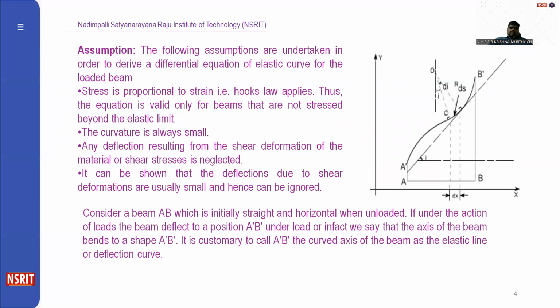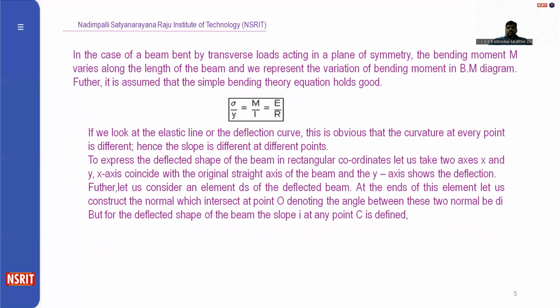Now let us consider a beam which is initially straight like this, when unloaded. Under the action of loads, the beam deflects from A to A dash and B to B dash like this. The curved axis A dash B dash is customarily called the elastic curve or the deflection curve.